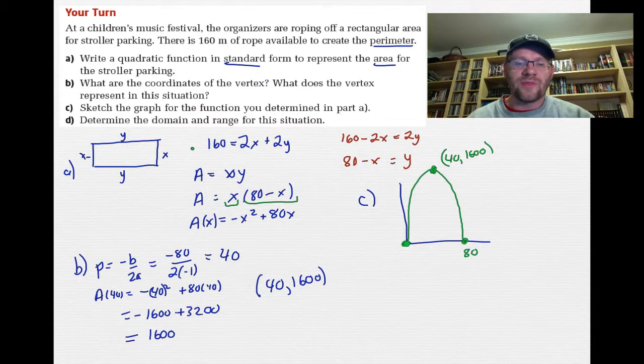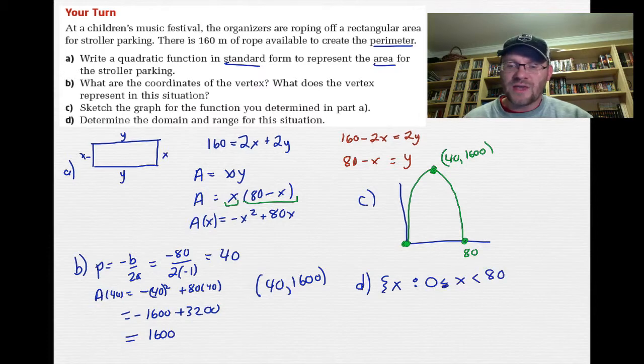And now I need to determine the domain and range. Well, the domain of this function is the x values. We use the variable x, so we'll do that. And we know that's from 0 all the way to 80. Now, because it's a real life situation, I actually can't have 0 or 80 included in this case, because x was the length of rope along the two sides.